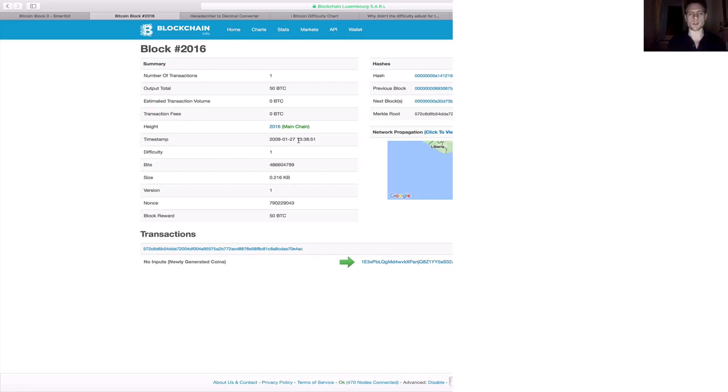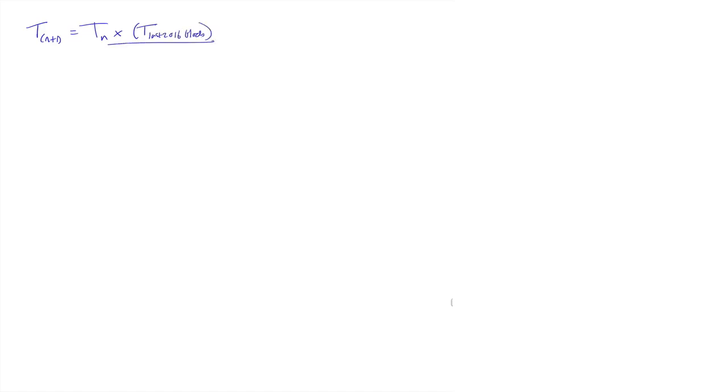So if we go back to our page, the target n plus 1 equals the target of n times the time for the last 2016 blocks, this is in minutes, divided by 20,160.